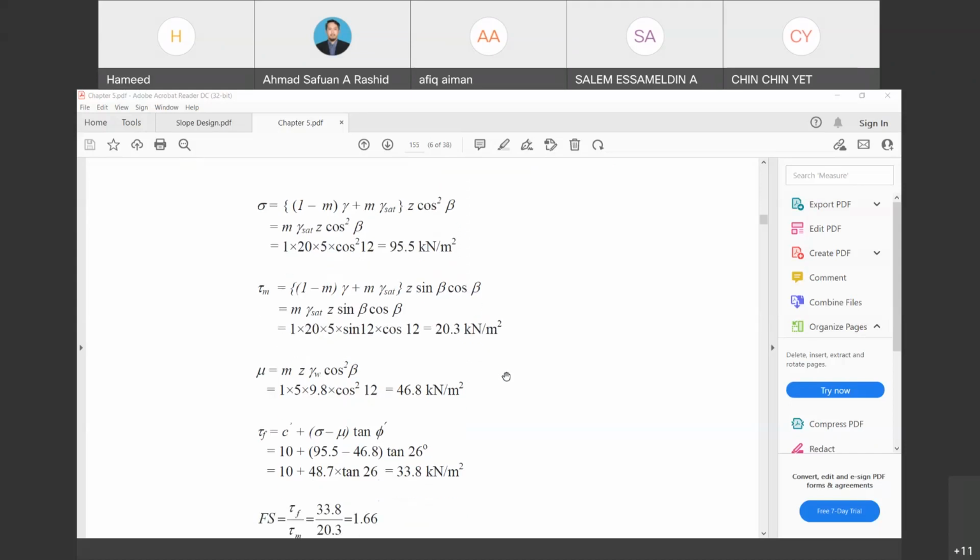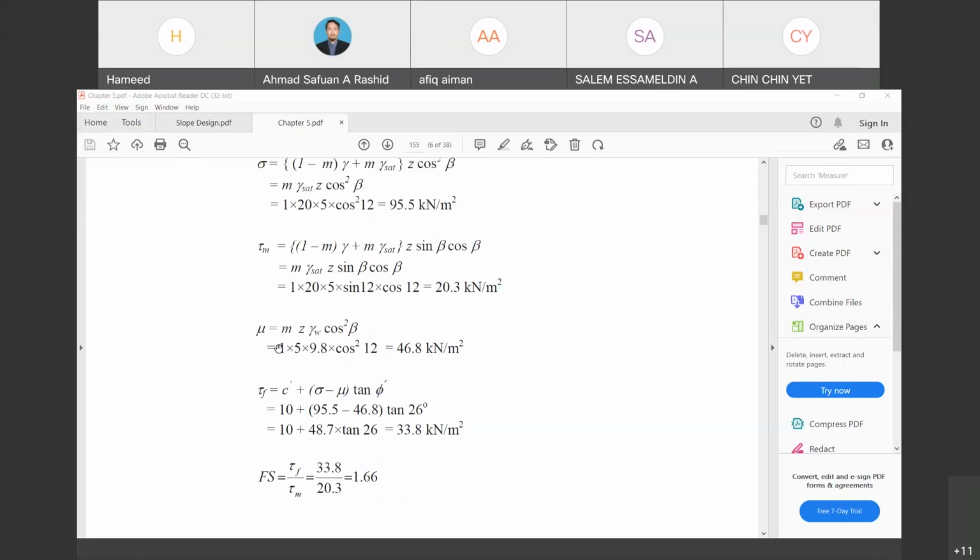Later on, by including the pore water pressure, M times Z gamma w cos square beta, we obtain 46.8. So for the shear strength, C plus sigma minus pore water pressure times tangent phi, later on we obtain the tau F equal to 33.8.